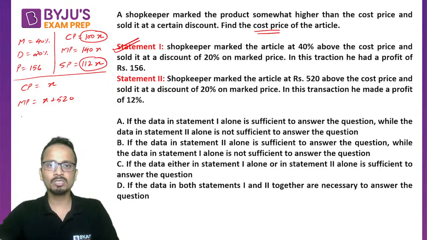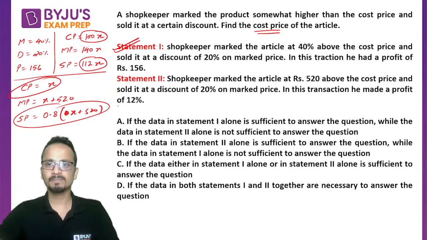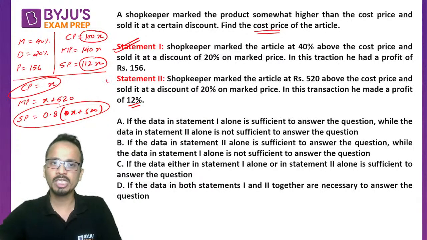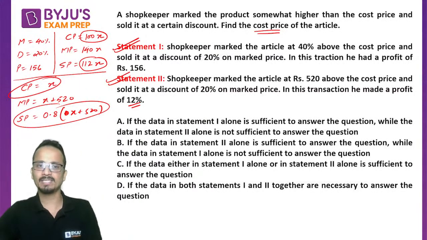So after a discount of 20%, selling price will be obtained in terms of x, that is 0.8 into (x plus 520). Okay, now this is the cost price and this is the selling price. There is a profit of 12%. Yes, I will be able to get the value of x. So statement number 2 alone is also sufficient to get the answer.